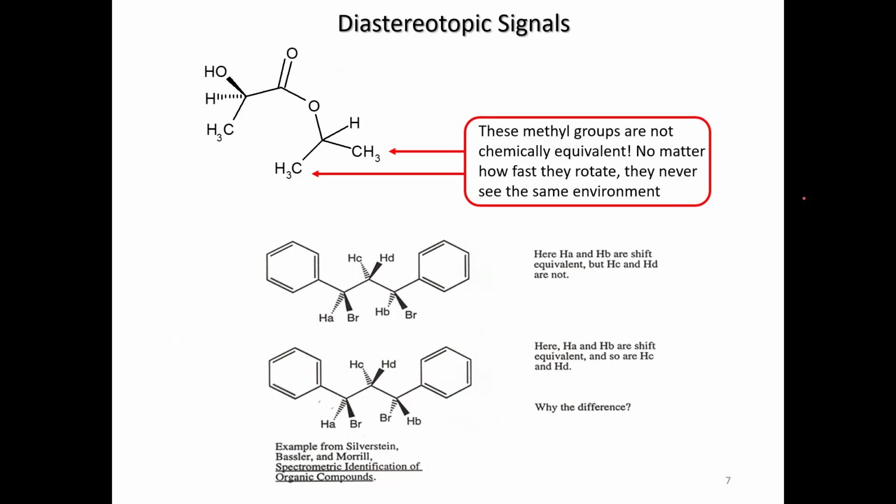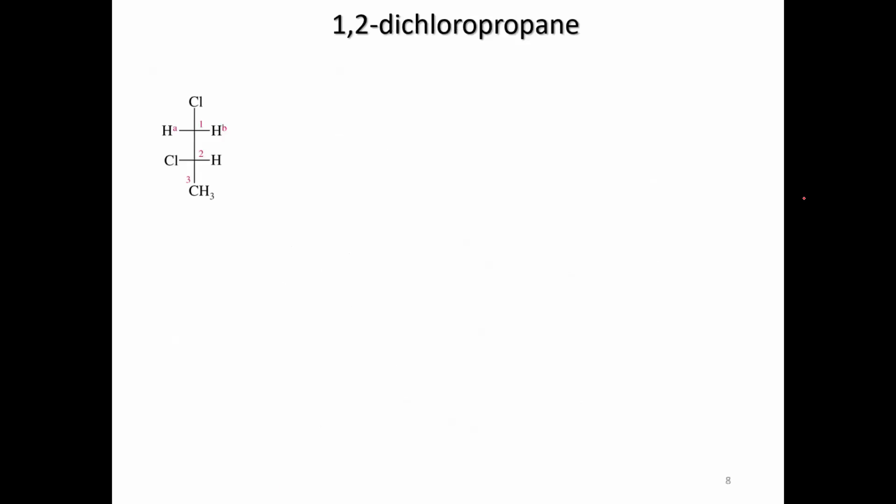We'll see with an easier example. On this one, for instance, these two protons are diastereotopic. This carbon is chiral. This carbon is not. This one has four different substituents all around, so this carbon is chiral. This one is not. But in the NMR, it works like that.